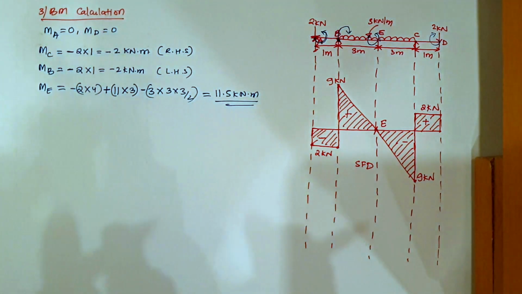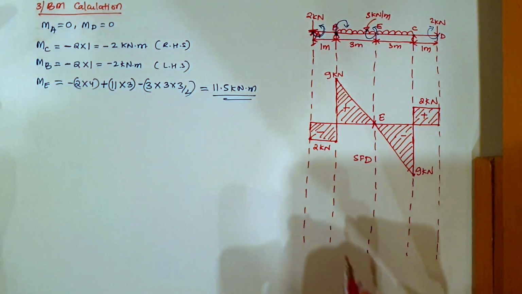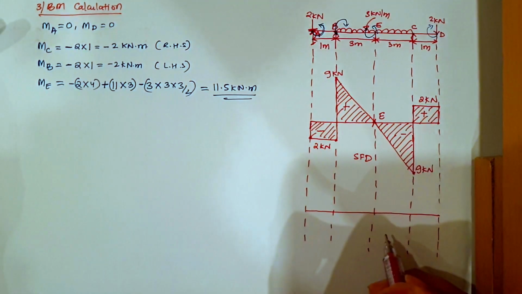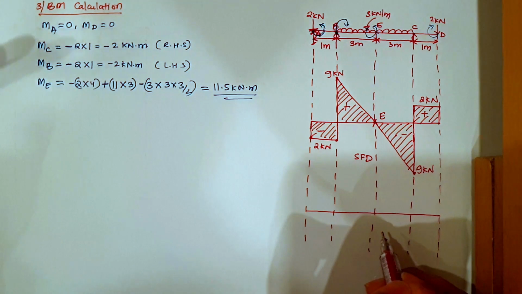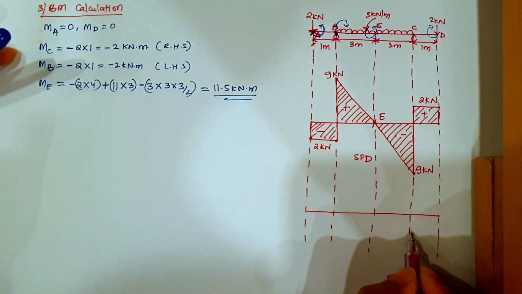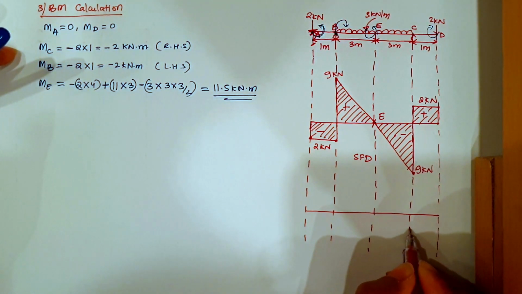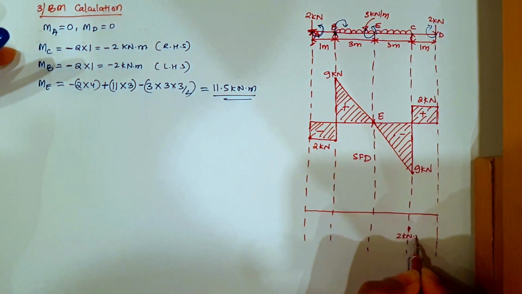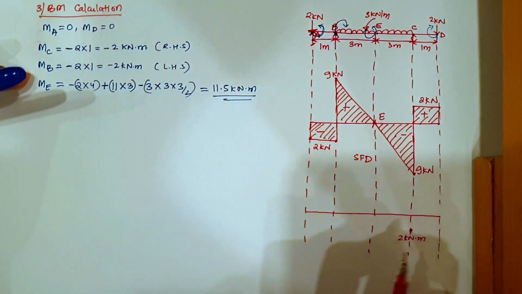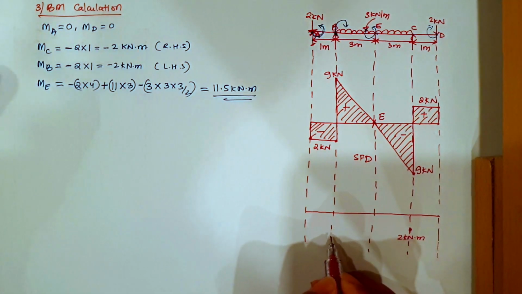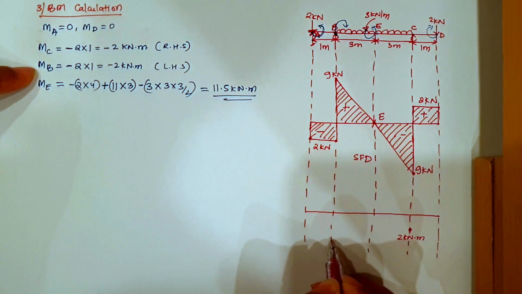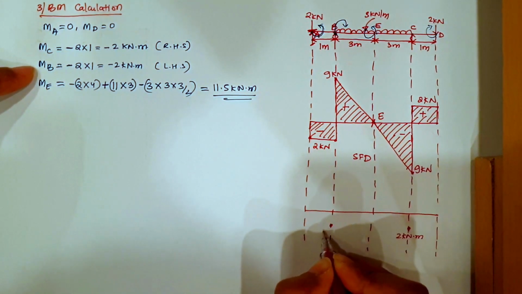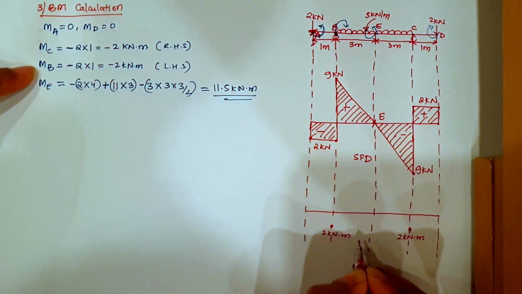Okay, now let's draw the bending moment diagram. So the moment at C is coming equal to -2 kN meter. The moment at B, this point, here also it is coming -2 kN meter.